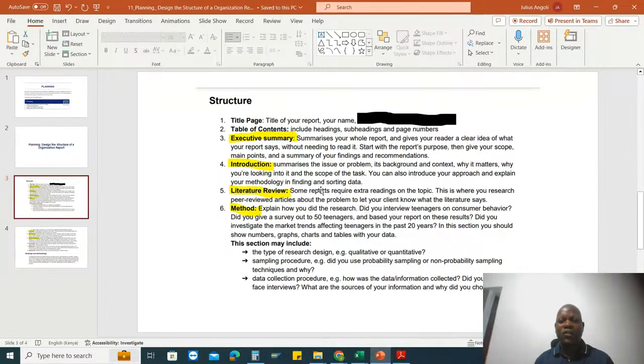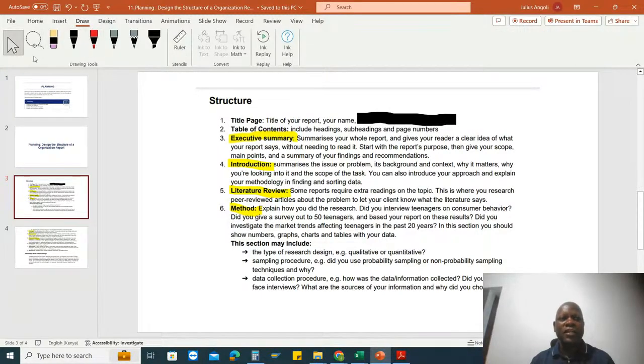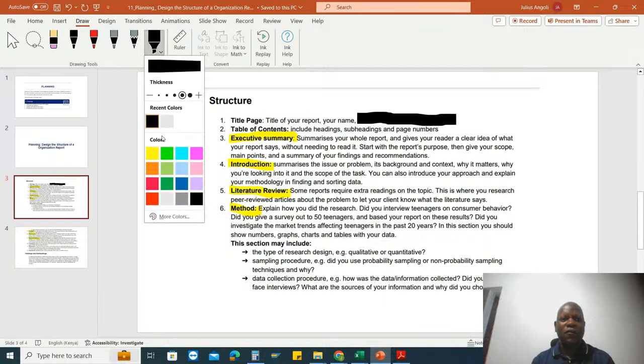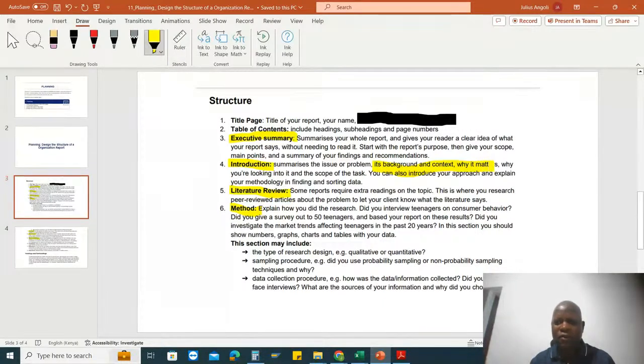So we'll be looking at how to write introductions and background, so that we can also throw light to the reader to know the background of the report. Basically, what the background does is that it gives the facet of the report.